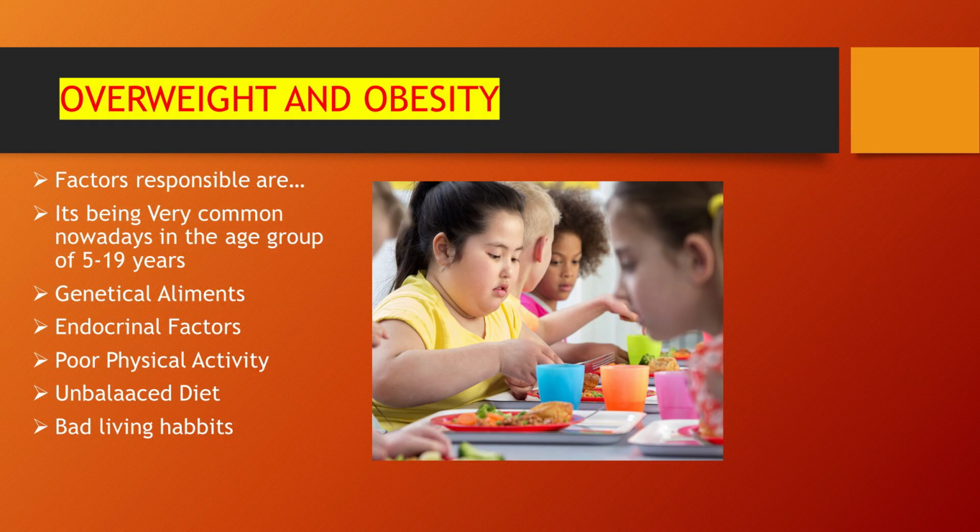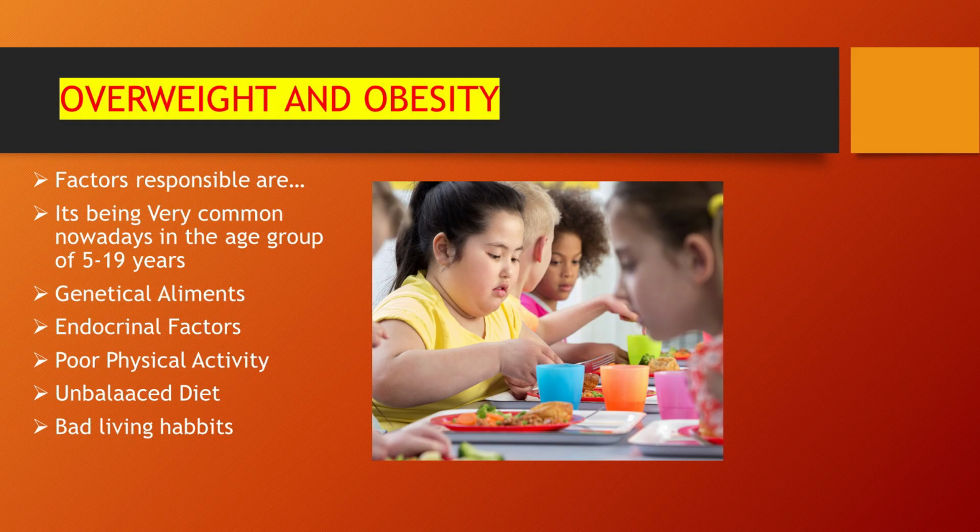One, it may be because of a genetic element, second, an endocrinal factor, the third, very important, poor physical activity, then one more is unbalanced diet and bad living habits.